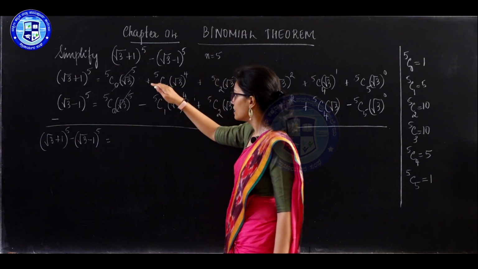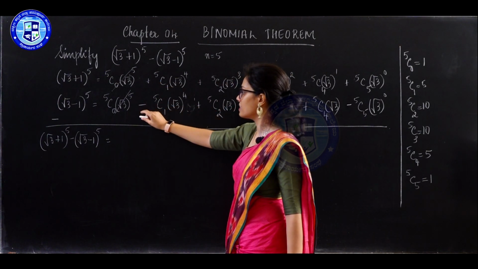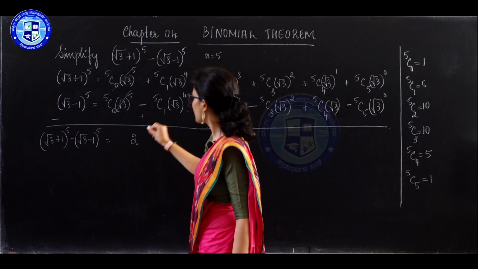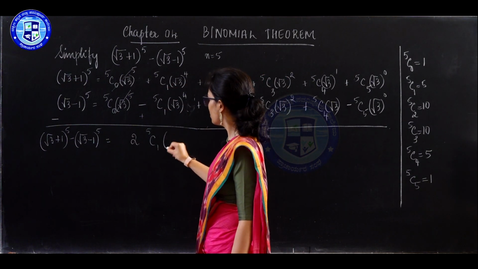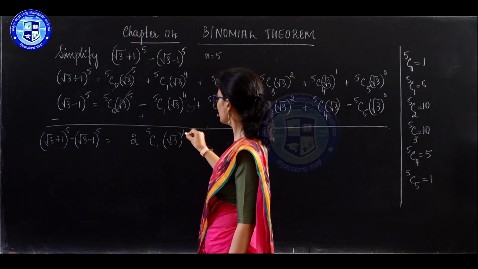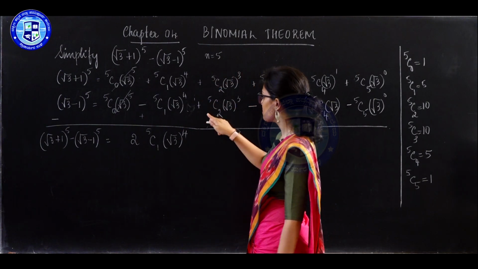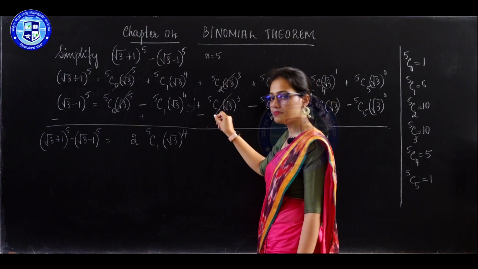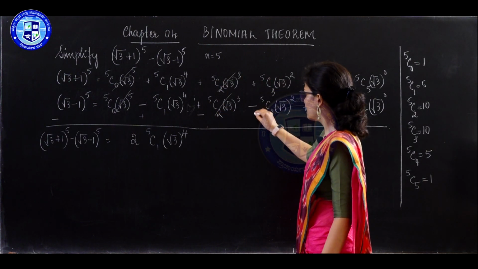What happens here? This minus of minus, so this becomes plus, correct. So, this will be 2 times 5c1 root 3 to the power 4. Okay. What happens to this term? This minus this, so it cancels out. What happens here?